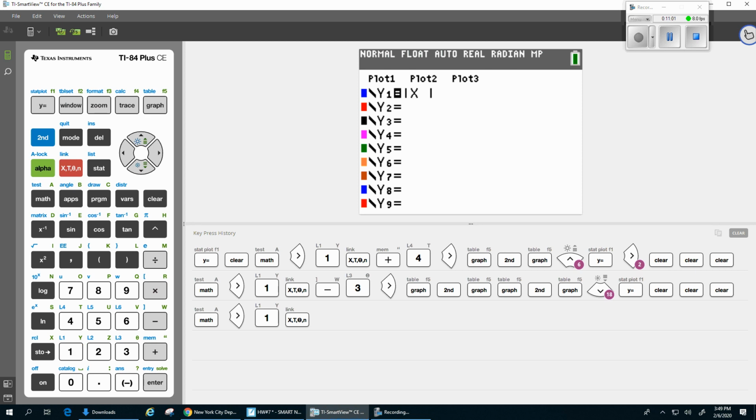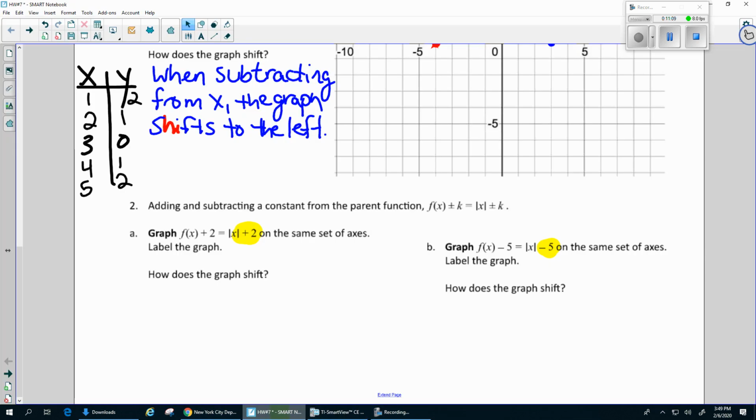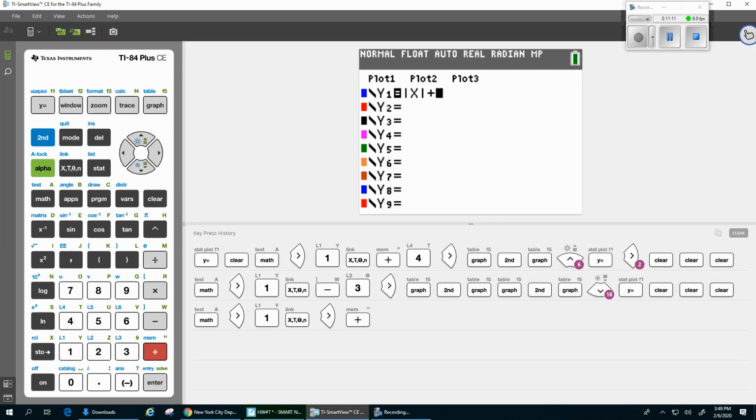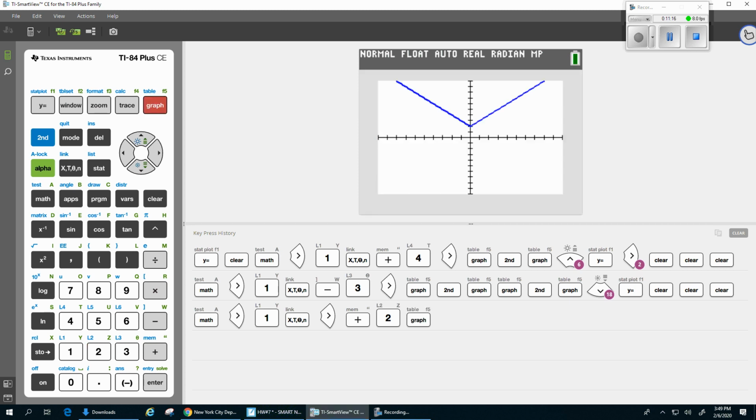I'm going to type my x in, and then I'm going to hit my right cursor to get outside. And I'm going to add 2. We're going to look at the graph. And you'll notice that the graph shifts up. So let's look at the table.